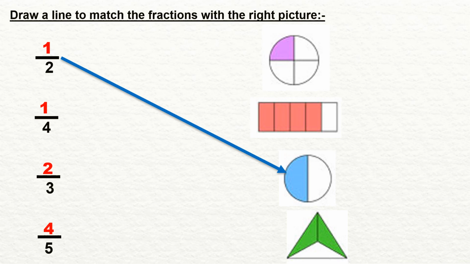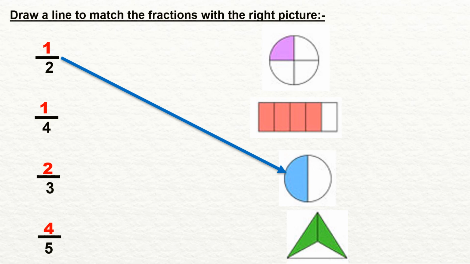The next one, 1/4. 1 colored part, and the total parts are 4. Because at the numerator we will write the colored parts, and at the denominator we will write the total parts, colored and not colored.